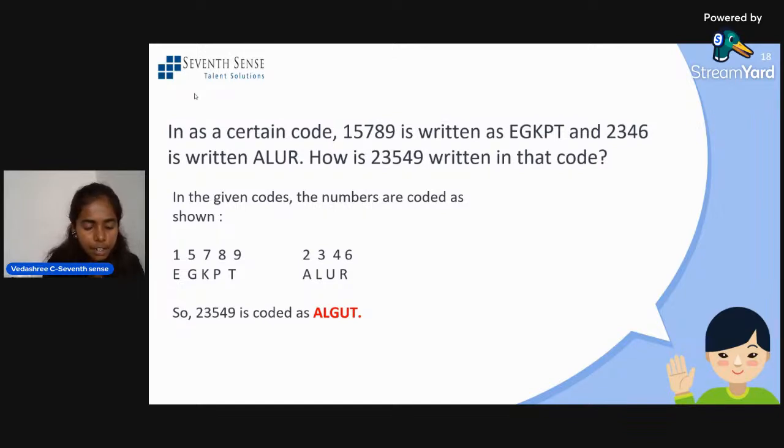Each and every letter has been assigned a number, right? So 1, 5, 7, 8, and 9. Then 2, 3, 4, and 6. So just find out which letter has been assigned for this number. The letter assigned for 2 is A, for 3 is L, for 5 is G, for 4 is U, and for 9 is T. Understood?